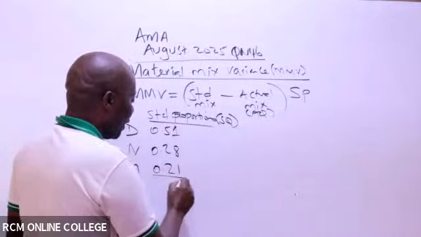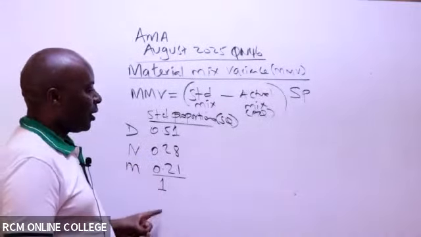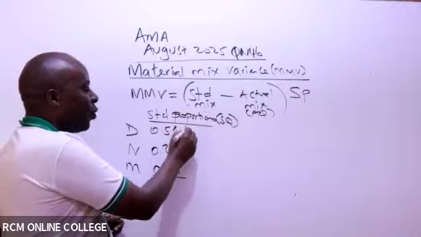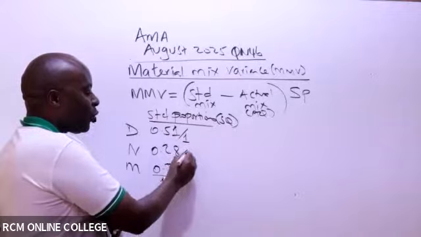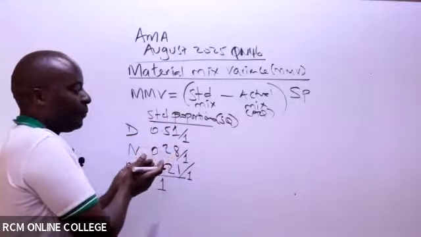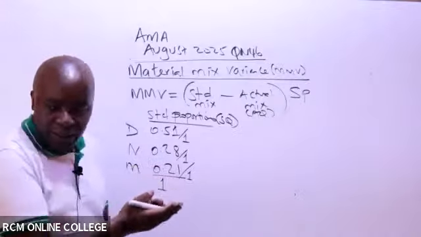So that gives us 1, if you add the 3. So in terms of proportions, this will be 0.51 over 1, over the total, which of course will be the same numbers. Now, my good students, please listen.